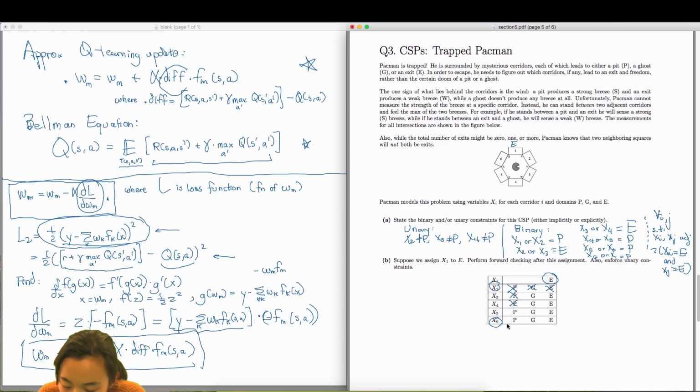And then if we look at x6, x6 can be a pit, because then we'd be able to generate that strong wind, but it cannot be a ghost or an exit for the same reasons. So just to analyze this, we've now made an assignment which has caused one of the domains of the variables to shrink to 0, which means there's no assignment possible where x1 is equal to E.